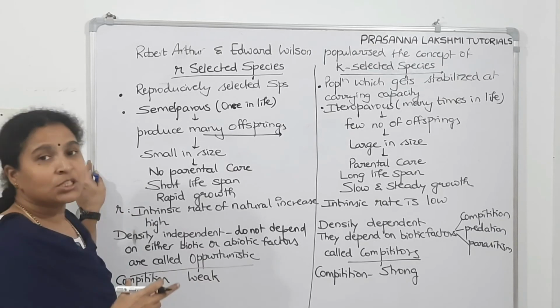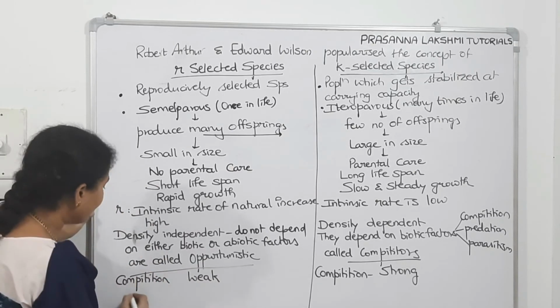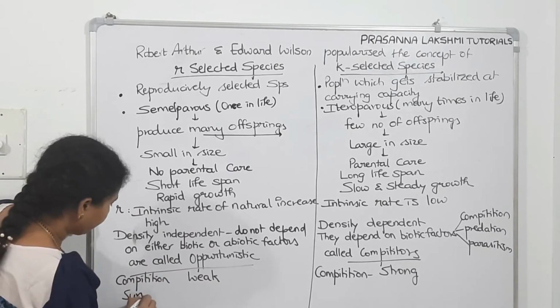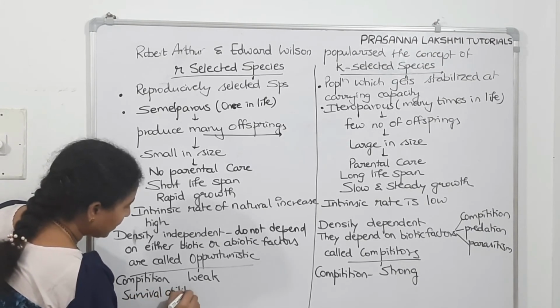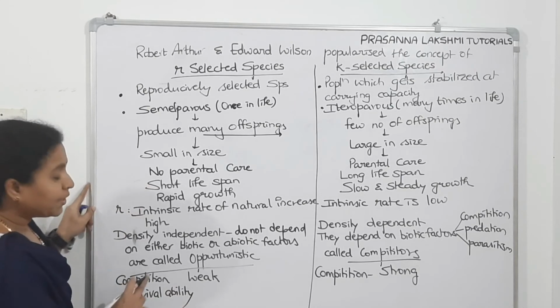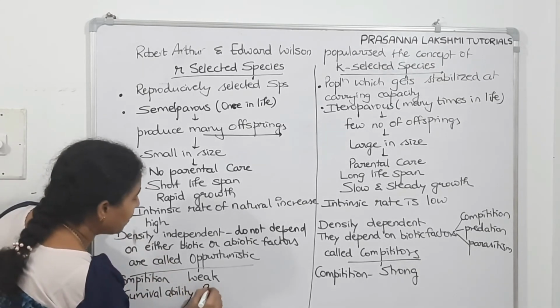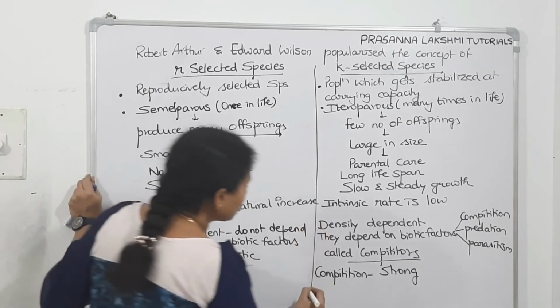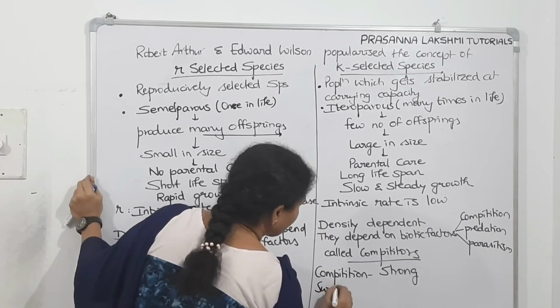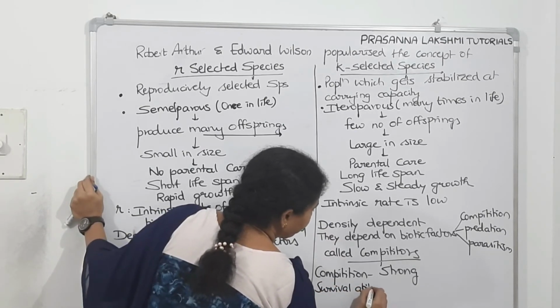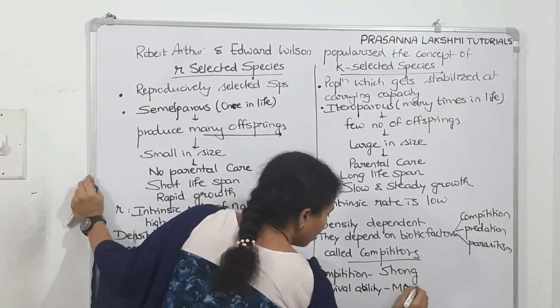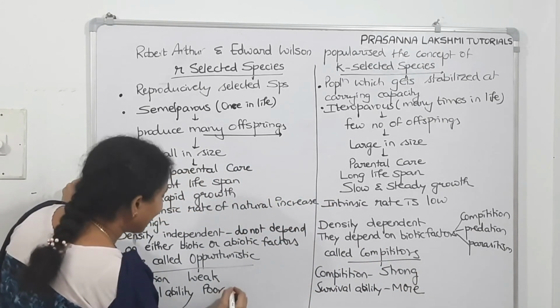If the competition is weak, the survival ability will be poor. Because the competition is strong here, the survival ability will be more. Means the mortality rate is high.